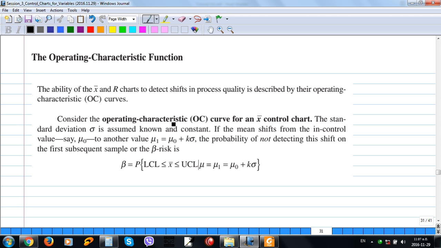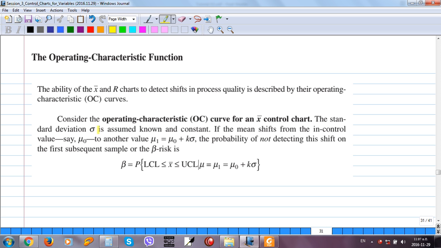Consider the operating characteristics OC curve for an X bar control chart. The standard deviation sigma is assumed known and constant. It is not changed. If the mean shifts from the in-control value mu naught to another value mu1, then the mean changes while the standard deviation is constant.